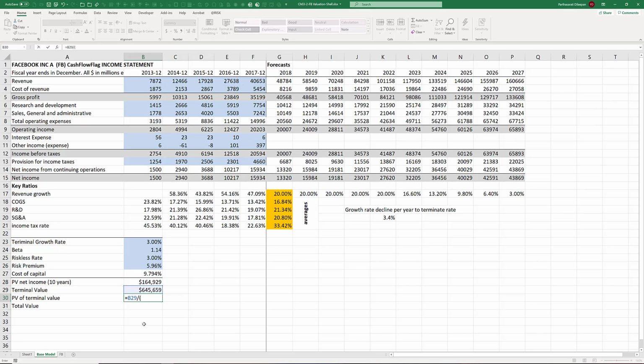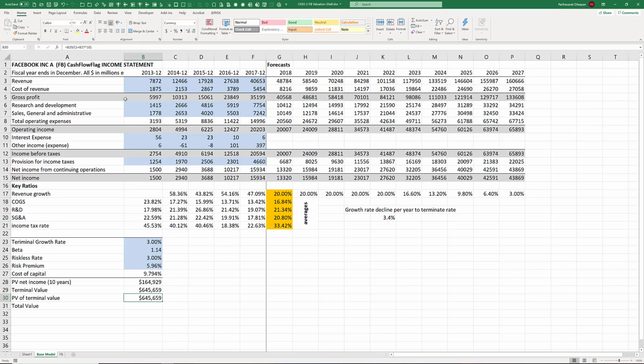The future value divided by the compounding rate will give you the present value. So the compounding rate here is 1 plus the cost of capital. Now we are bringing back 10 years, so that should be raised to the power of 10. So this will give us the present value of the terminal value.